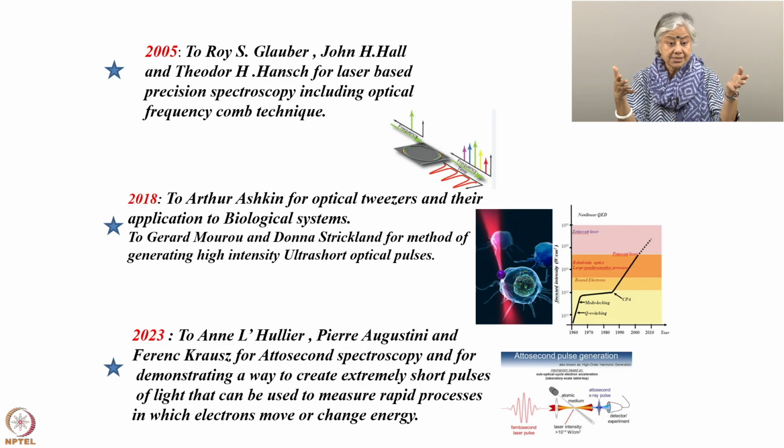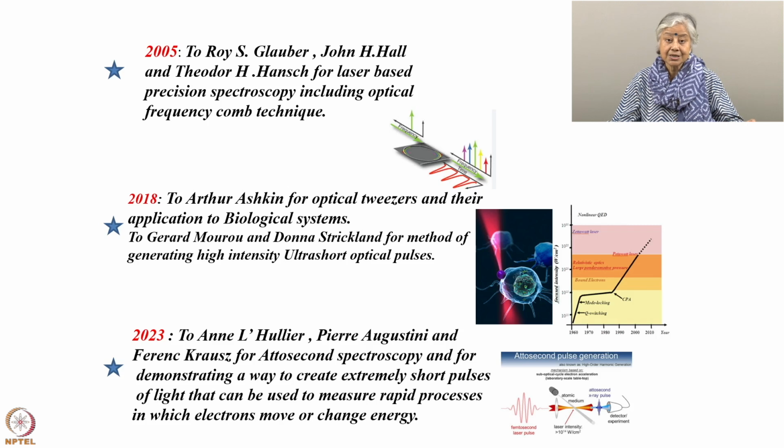Now the next prize in 2018 went to Arthur Ashkin for optical tweezers and their applications to biological systems, and also to Gérard Mourou and Donna Strickland for the method of generating high intensity ultrashort optical pulses. These two subjects are slightly different, but of course in 2018 everybody was celebrating the use of lasers and some of the properties that had not been used before.